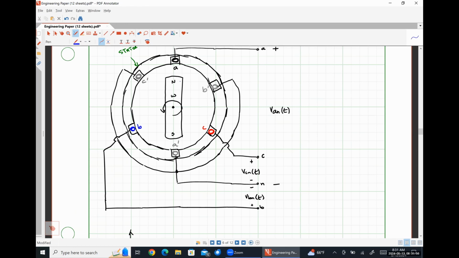And so what we're going to see is that the voltage induced across our B phase coil is exactly 120 degrees lagging the voltage induced in the A phase, because the B phase coil is physically 120 degrees out of phase with the A phase coil based on the construction of our generator.